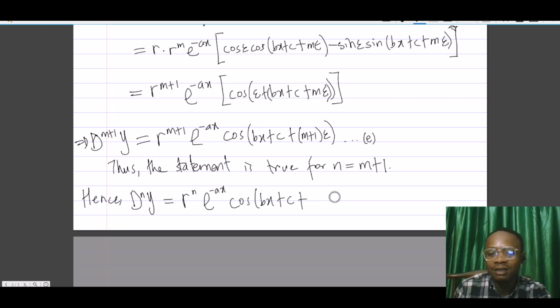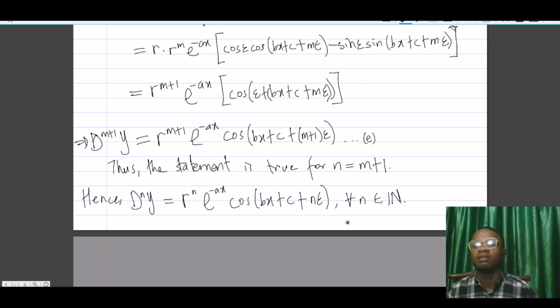That's the formula we're given. And this is true for all n, elements of N. So by this, we have completed the proof. So we have proven that it is indeed true for any natural number n.